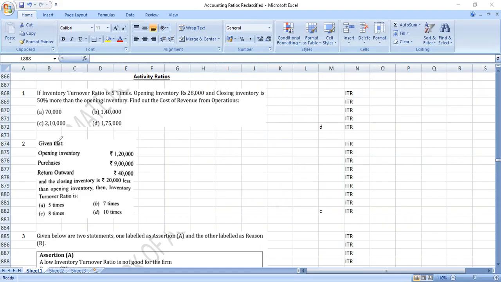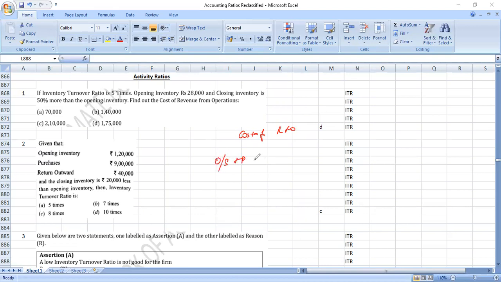Given that opening inventory is so much, purchase is so much, returns outward is so much, closing inventory is so much, then what is the inventory turnover ratio? Cost of revenue from operation is not given.